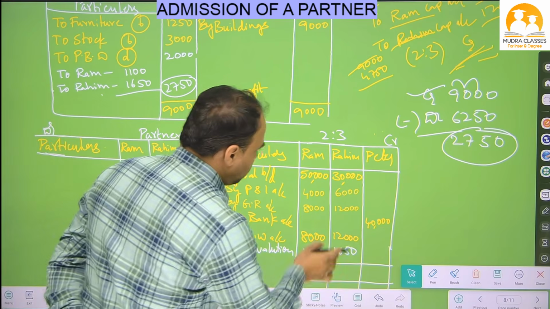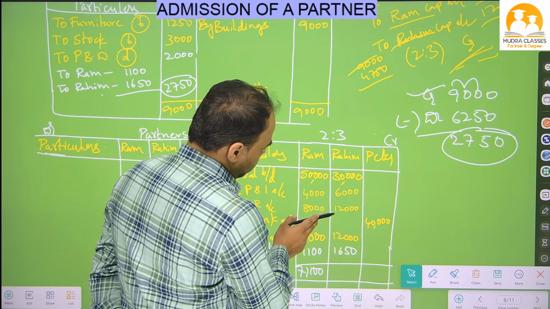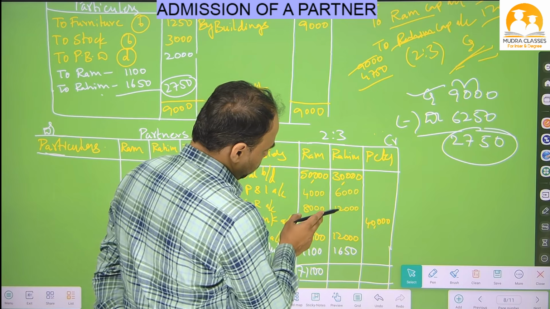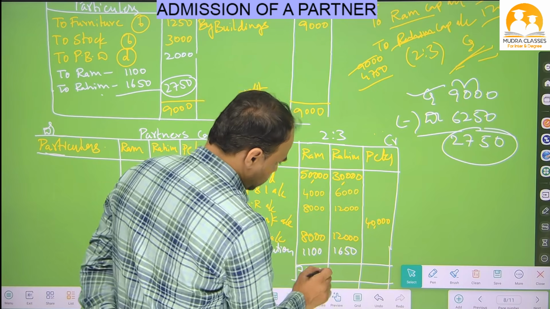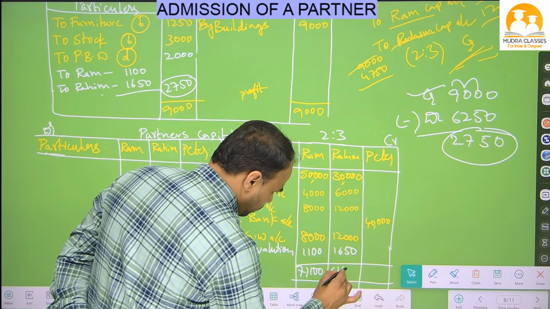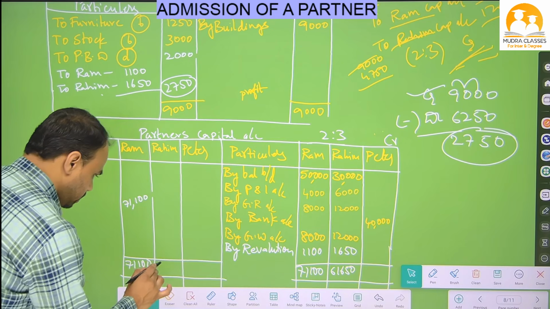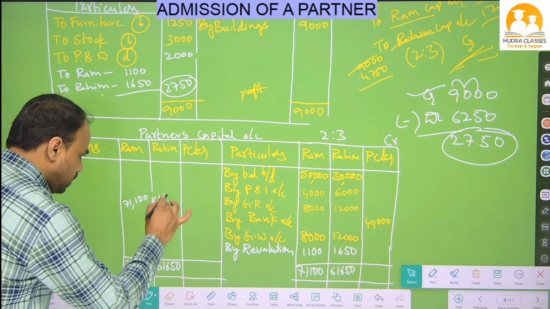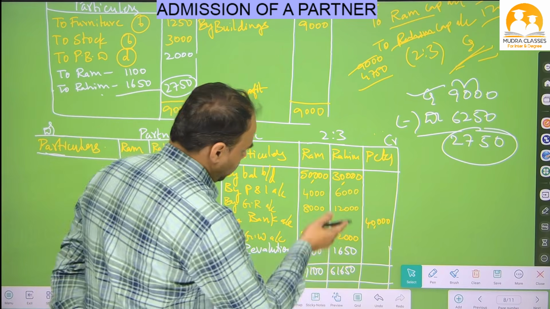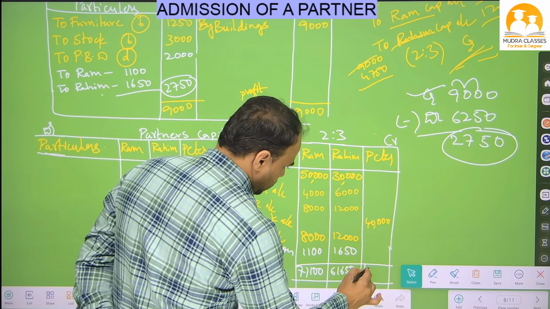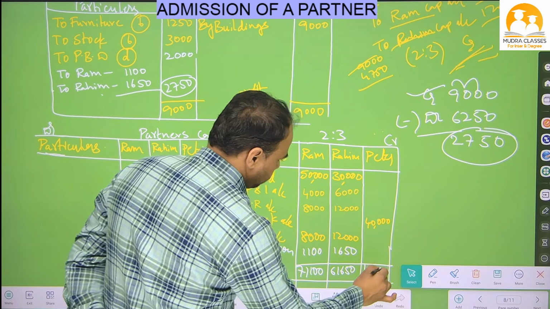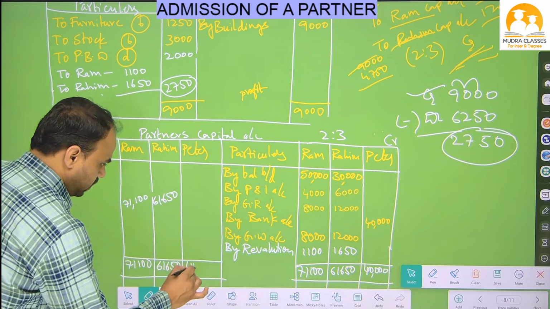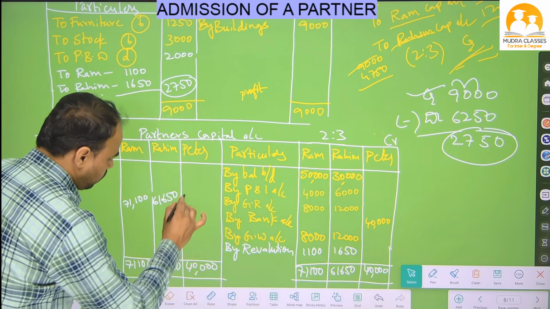And now see the Rahim account, total 61,650. Same amount, 61,650. Now do the Peter total, 40,000 rupees. Same amount, 40,000 rupees.